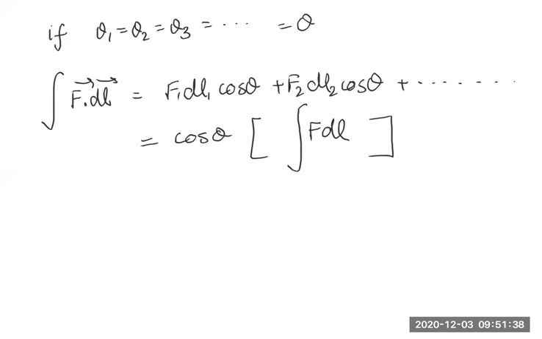Please notice there are no vector signs now, and it turns out that this object is a normal integral. Normal calculus wala ye integral. Right? So if you are extremely lucky, you may end up with this situation.